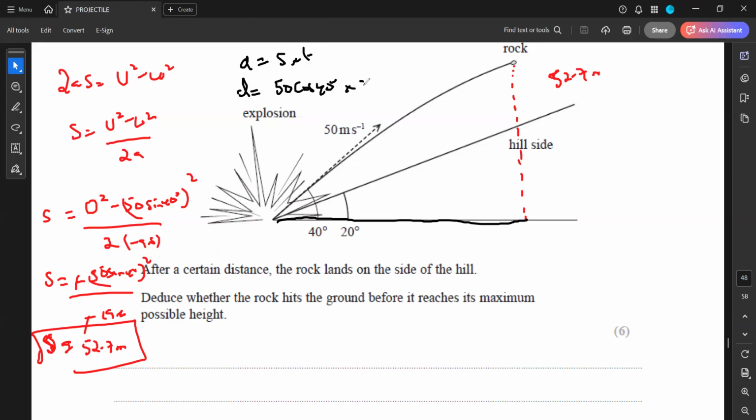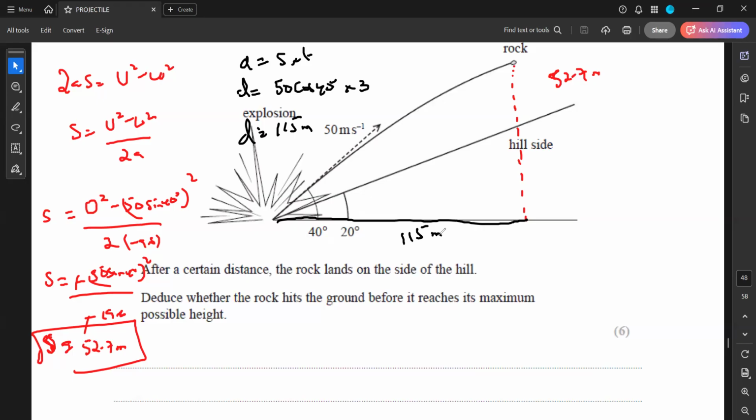It was 3.28, or let's say we are taking 3. Total will be 114.9, or 115 I can take. So 115 meters is what the rock covers when it is at the maximum height.